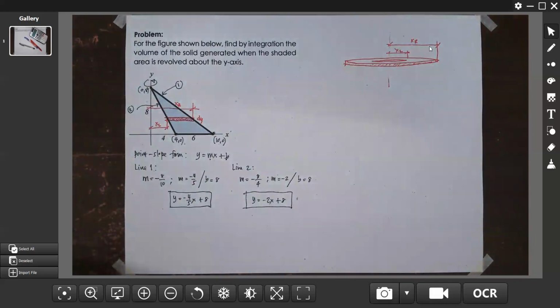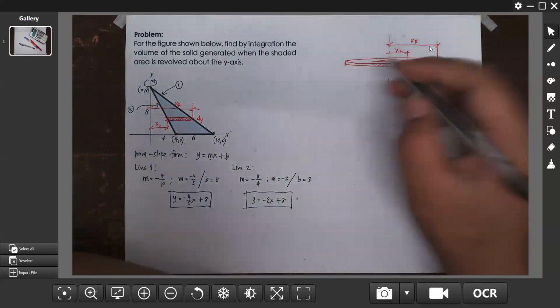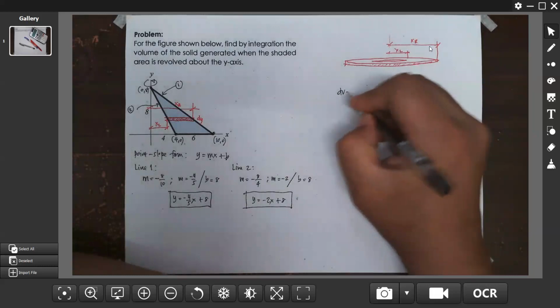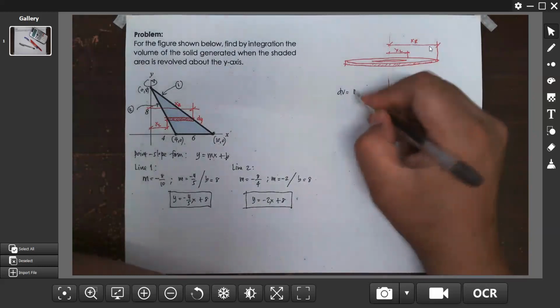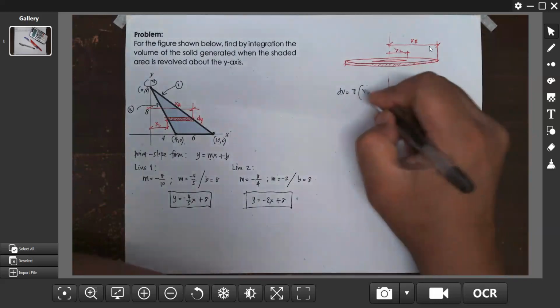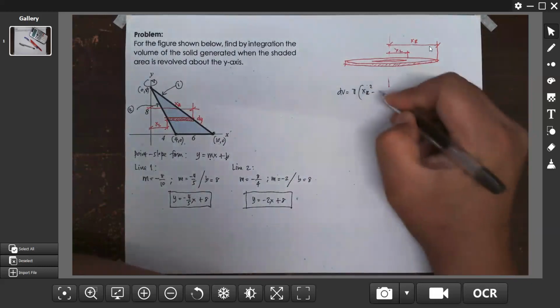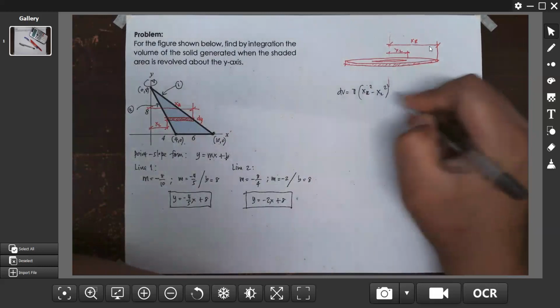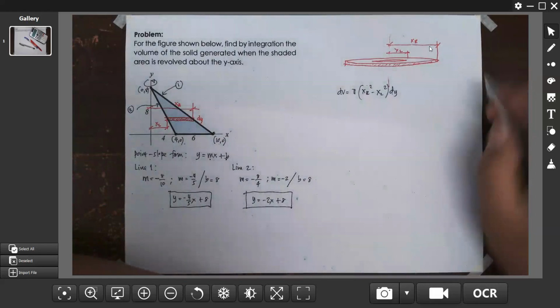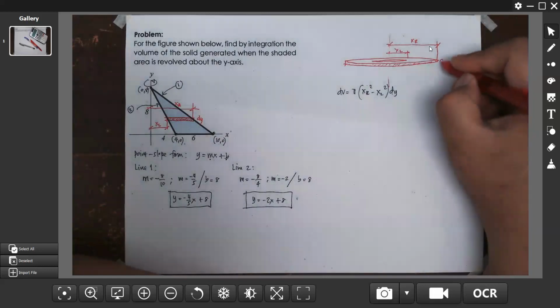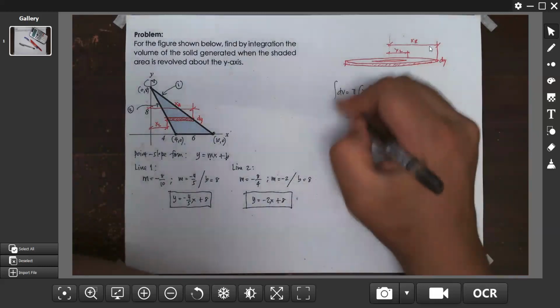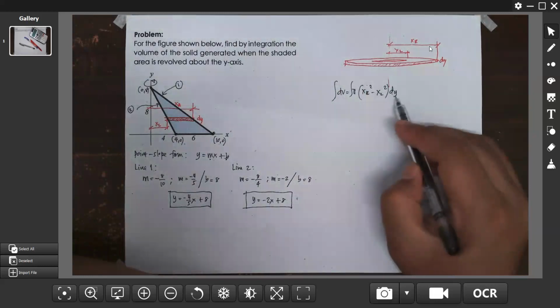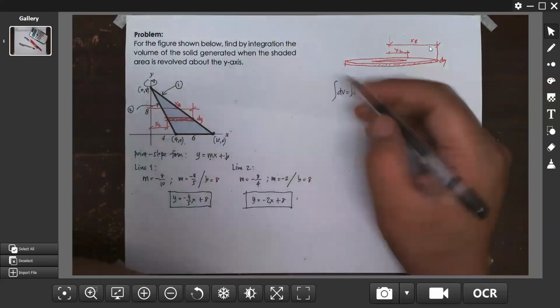So our dV is equal to pi times outer radius x right squared minus x left squared dy. This is dy. Let's integrate. Our limit is from 0 to 8.